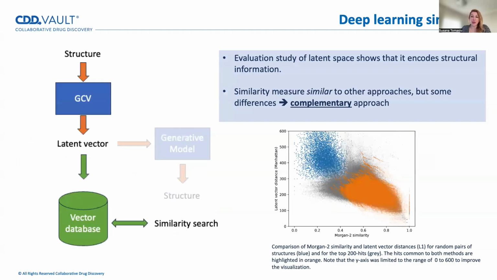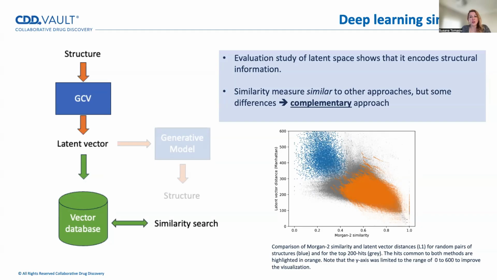There are several applications. One, it can be used for similarity, and that's what we see here in the solid colors on the left-hand side. So in this case, only the left-hand side of the model is being used. We create a numerical representation of a molecule, we store it as a vector database, and then we are able to perform a similarity search against that.